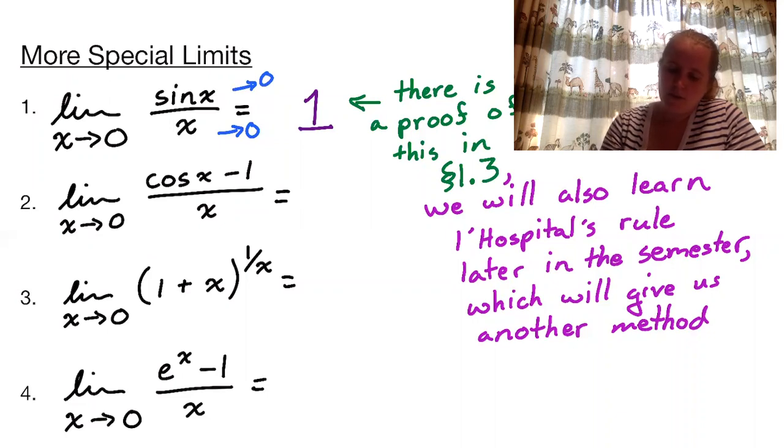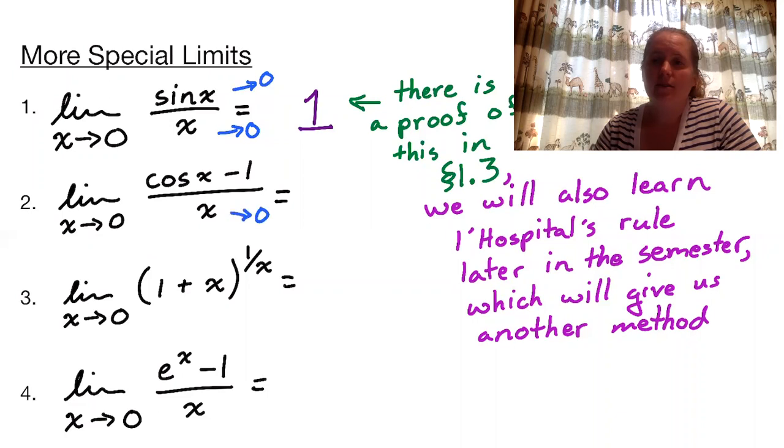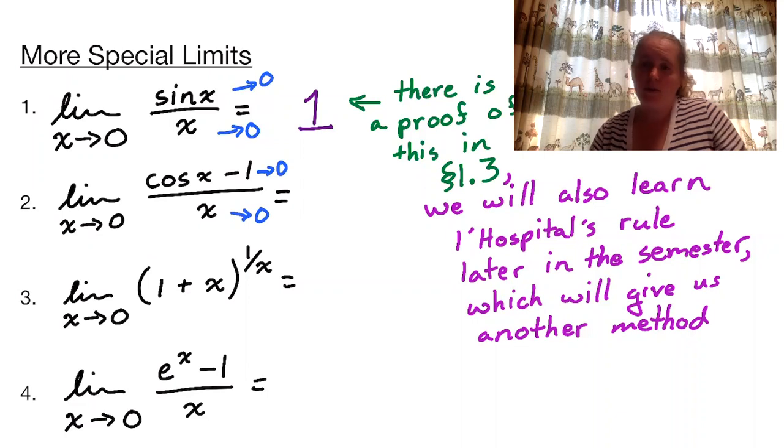Cosine x minus 1 over x. Well, as x goes to 0, the denominator is definitely going to 0. Up top, cosine x would go to 1, subtract 1. That numerator is also going to 0. We have a 0 over 0 situation again. We have a 0 going to 0 and going to infinity, fighting with each other.